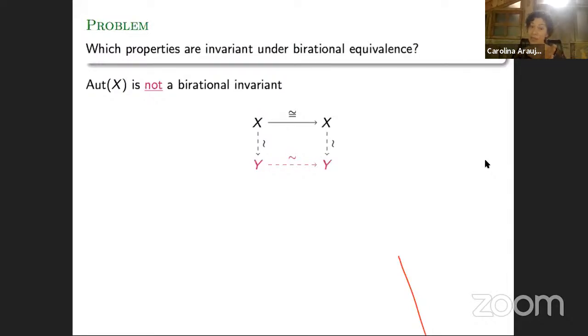Suppose that you have 2 varieties that are birationally equivalent, X and Y, and we may have an automorphism of X, but then when we compose, we do not necessarily get an automorphism of Y. We only get a birational self-map of Y. And so automorphism groups are not birational invariants.